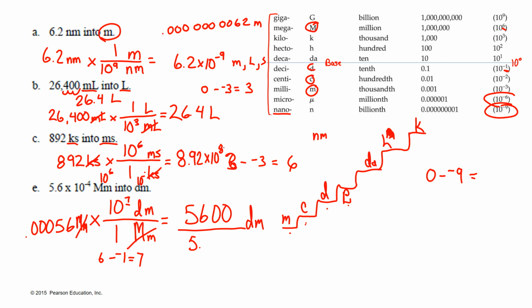Your base is always going to be, so these are always going to be decimeters, deciliters, deciseconds, hectometers, hectoliters, hectoseconds. Deci, centi, milli, micro, all of that are prefixes that go in front of a base unit.